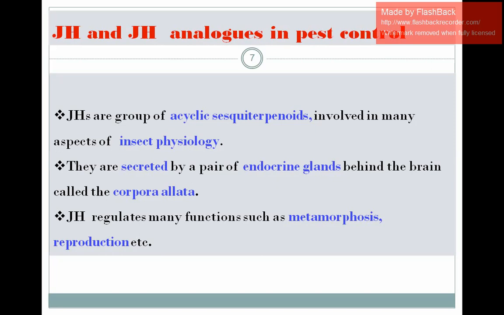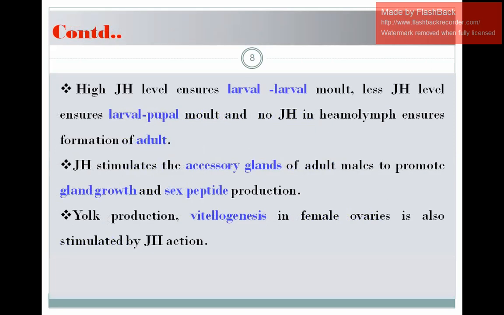Juvenile hormones regulate many functions such as metamorphosis, reproduction, etc. So, a higher concentration of juvenile hormone ensures larval formation. A lower concentration of juvenile hormone ensures larval-pupal formation, and if juvenile hormones are absent, then it forms a healthy normal adult.